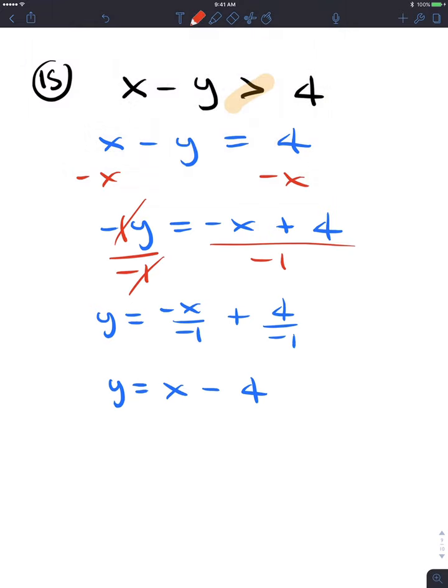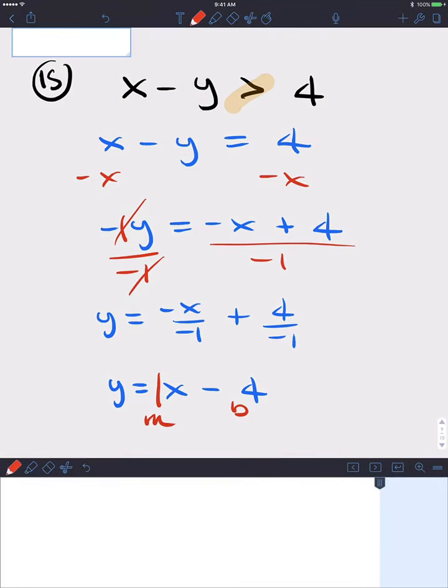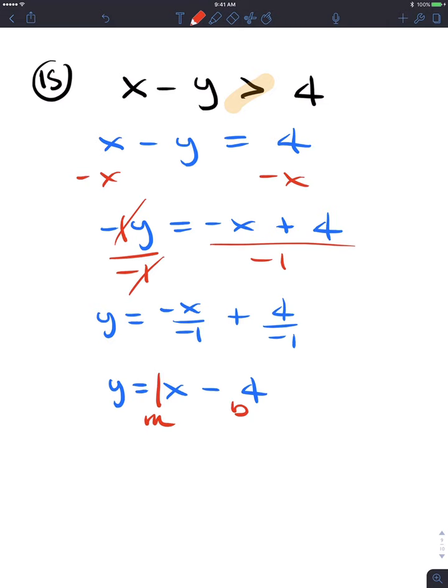So now my slope is 1 and my y-intercept is negative 4. Slope 1 over 1, y-intercept negative 4. Let's rewrite this. We need a graph.